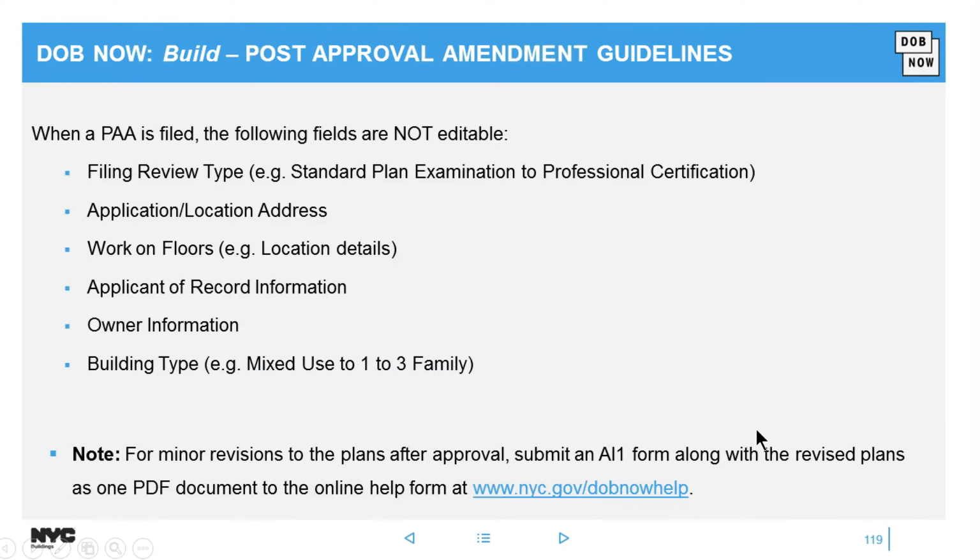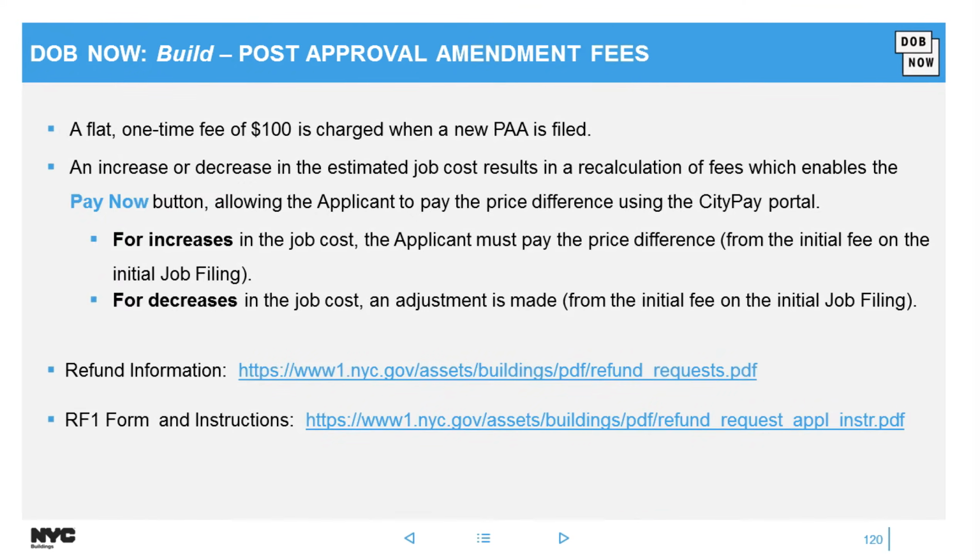So again, the system will tell you what you can and cannot change when you're doing the PAA, so you won't be able to change any of these fields, and they will be grayed out or read only. And then if you're trying to determine if you need an AI1 form or a PAA form, the plan examiner will help you understand that. You would submit that AI1 form on DOB Now Help, and I'll show you where that is in a bit.